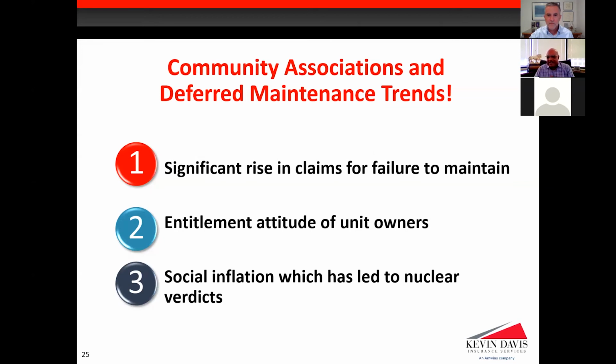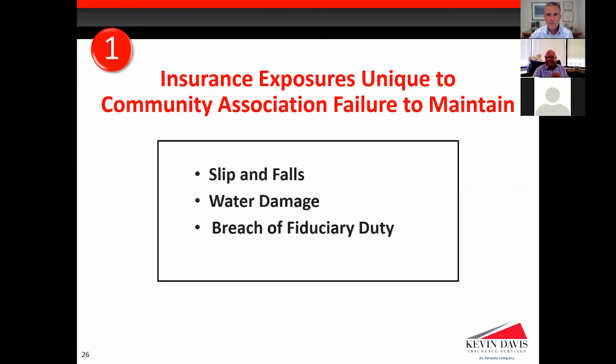So when we talk about these exposures, these unique exposures from community associations when it comes to failure to maintain, we worry about things like slip and fall, water damage, and breach of fiduciary duty. A fundamental duty of the board is to maintain and repair the common area. Now, this problem is magnified because the board of directors and people who live there don't want to pay monthly fees.